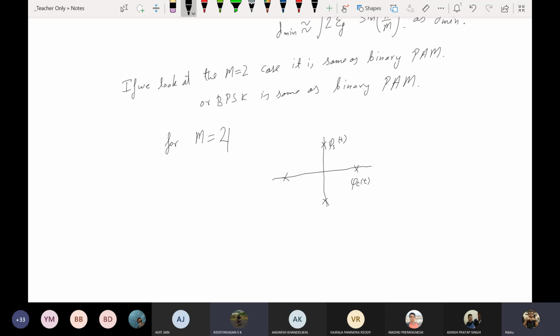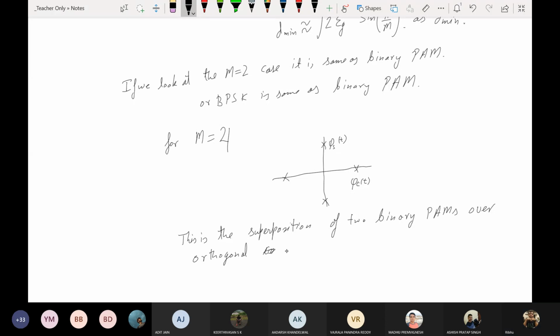So this is the superposition of two binary PAMs over orthogonal axes. Can we say that?